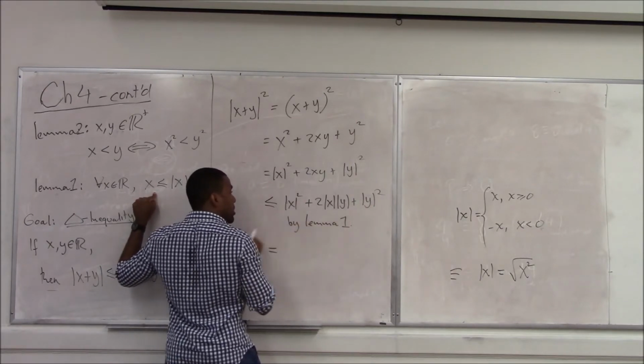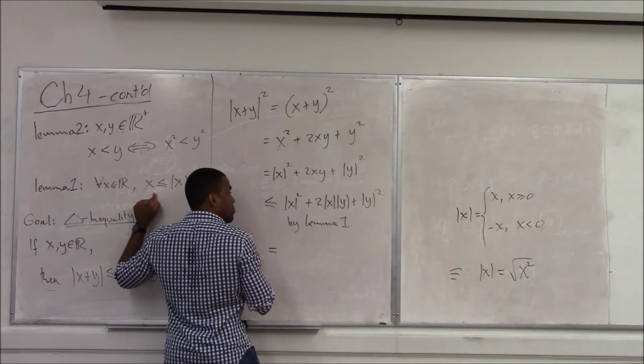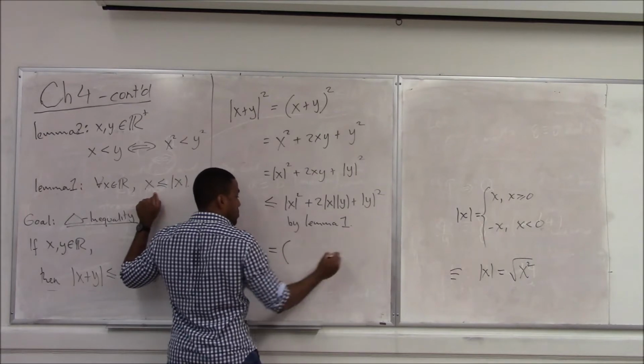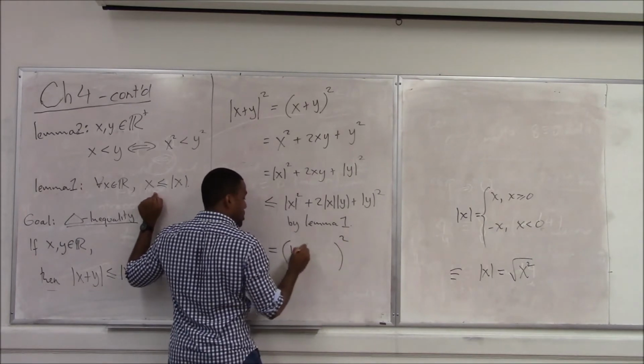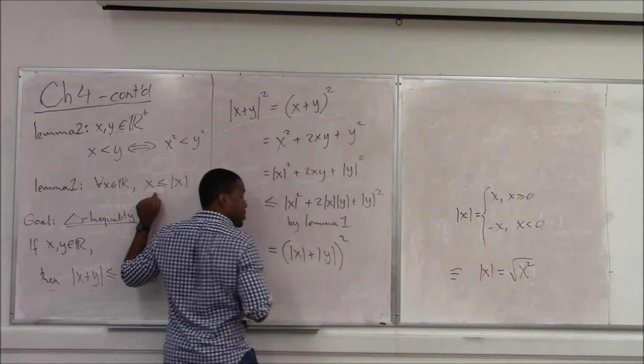And what is this? It's just the sum of the squares of the individual absolute values.